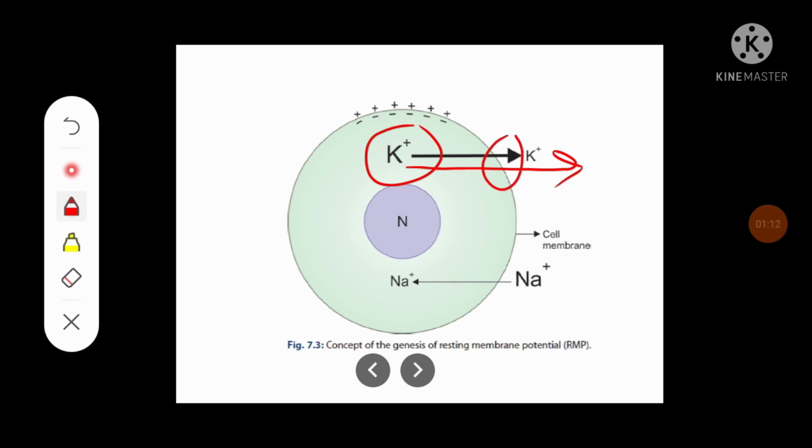So similarly, extracellular sodium is high and it tries to diffuse in, and then an electrical gradient is produced for sodium, and this tries to push it outside, and thereby equilibrium is produced for sodium, and that is called the Nernst equation for sodium.